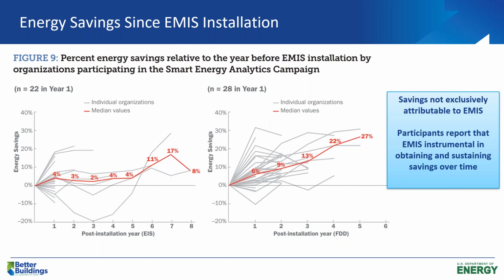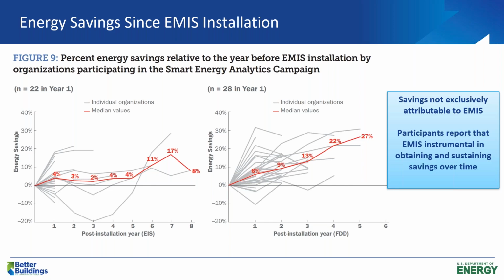Let me orient you to these graphs here. We have the 0 along the x-axis as our baseline year, so the year prior to installing EIS or FDD here on the right. Each year after, we have the savings relative to that baseline year. And the red is the median savings over time.